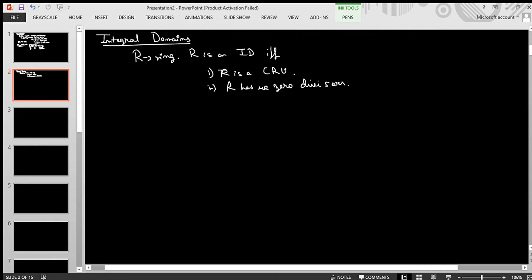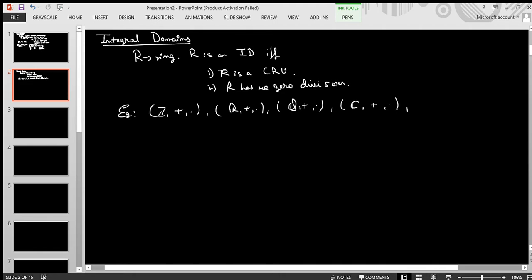Is it clear? If we talk about examples, then Z is an example of an integral domain. R, Q, C with plus and dot. These are all examples of integral domains.